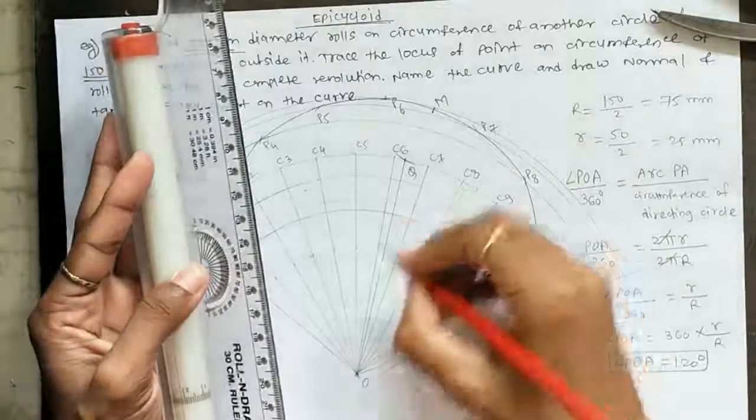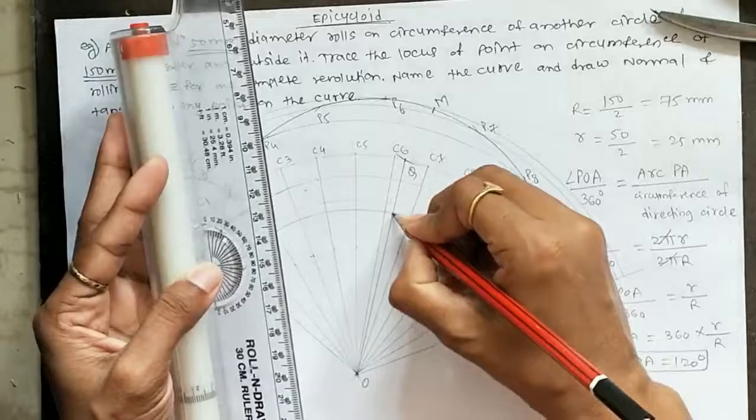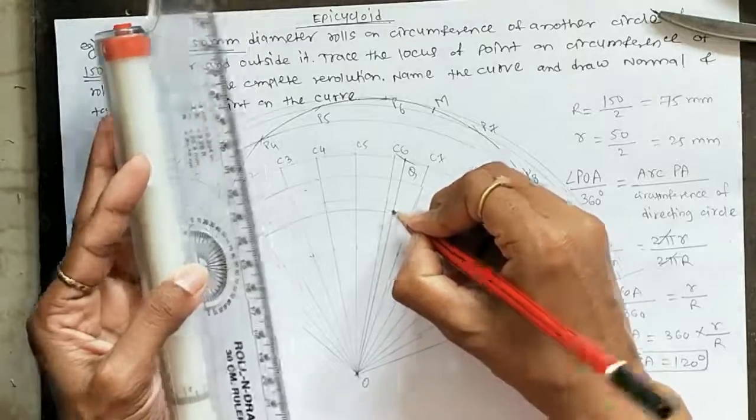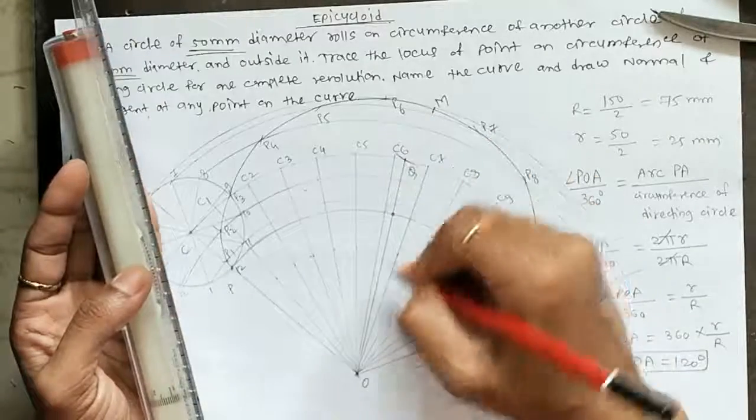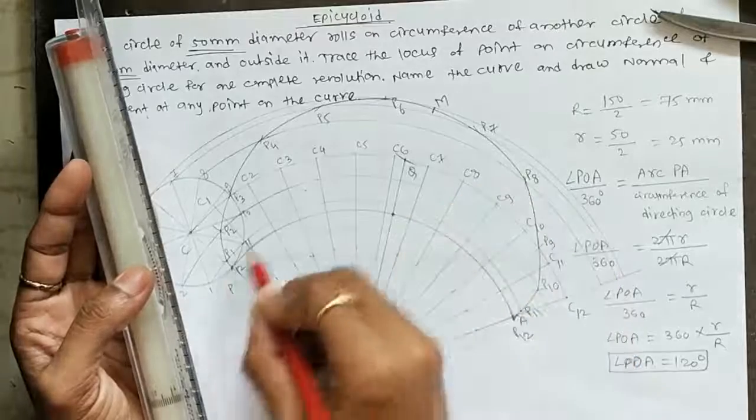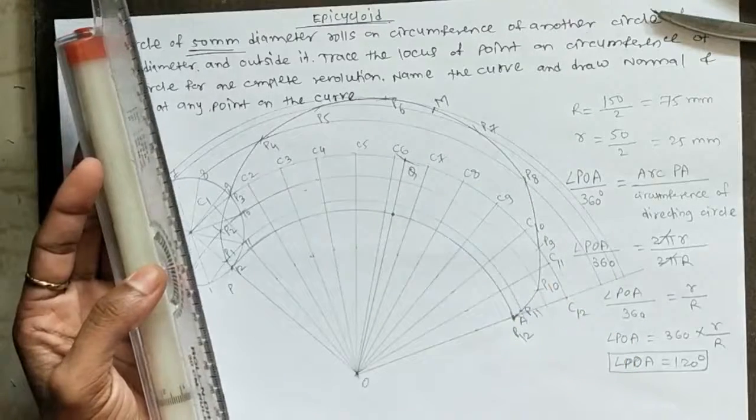Now this OQ, this is the point where OQ line touches this arc PA.